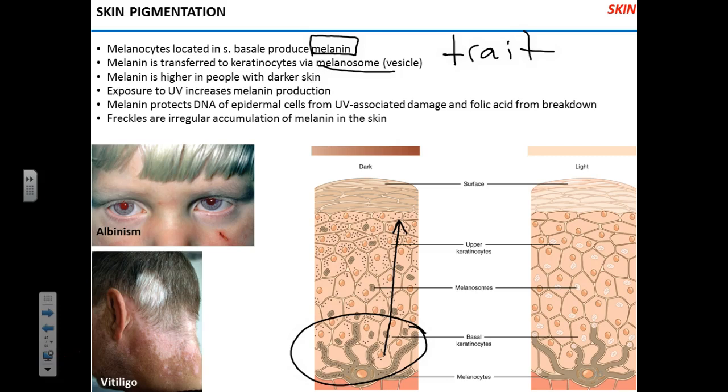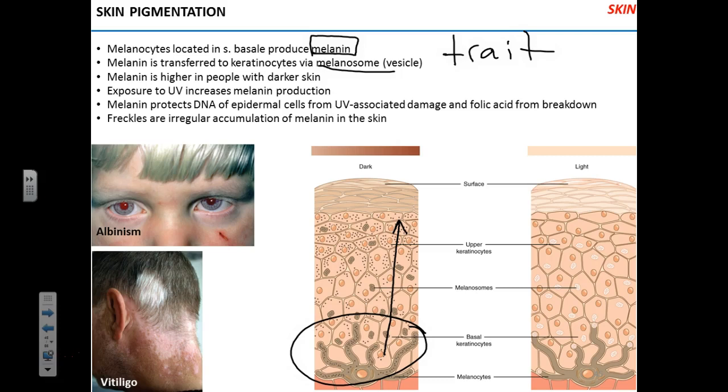So the point is, going back to your question, generally we say people with darker skin will have more melanin, which will also be reflected by the color of the eyes. But the skin color and the hair color will be determined not only by melanin expression, but also by the expression of the melanin gene in certain tissues.